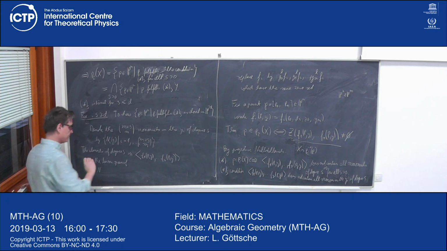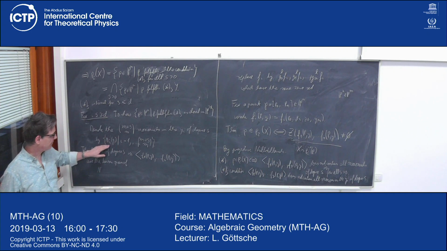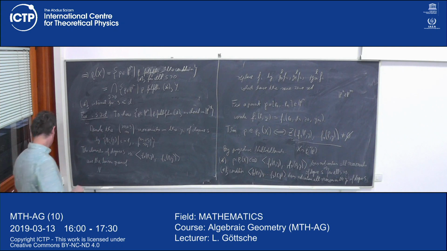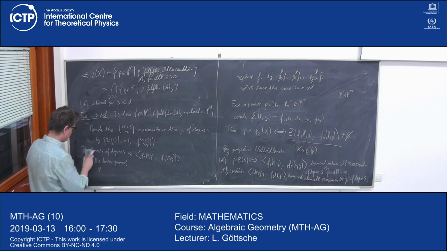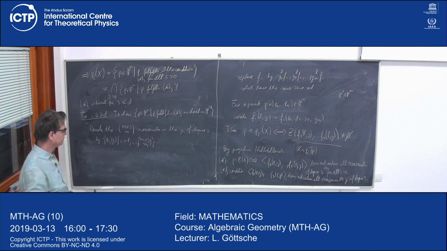So I made a misprint here. So this thing was supposed to be called MI. I want to call this MI, not NI. And I went ahead of myself because I first wanted to write something else. I also want to keep track of the monomials of degree S minus D.